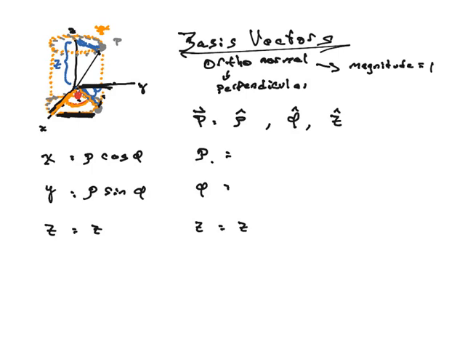That's just the Pythagorean theorem. So this is just the square root of the x component squared plus the y component squared. And then from our little triangle there, if I want the phi, if I know x and y, then it's just the inverse tangent of the y piece over the x piece.